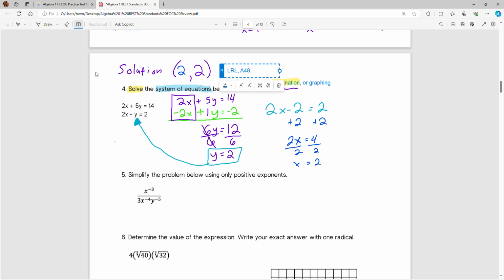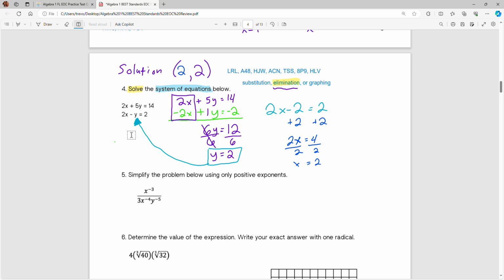So if you've done those and you think you need some more practice, I've got some more lessons for you to take a look at: HJW, ACN, TSS, 8P9, and HLV. All of those are lessons that have to deal with solving systems of equations in those three methods: substitution, elimination, or by graphing.